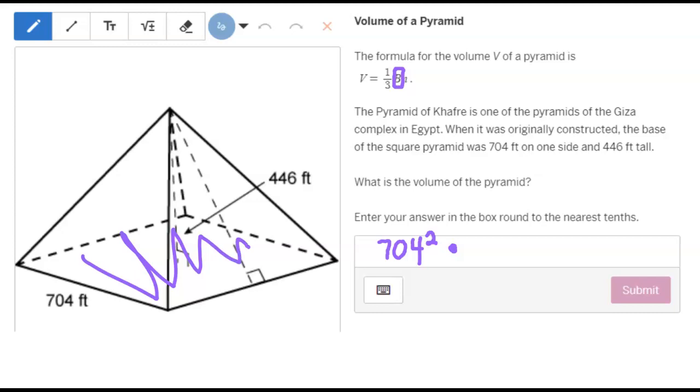Then you're going to multiply that times the height from the center to the apex. So that's this part right here. So times 446, and divide the whole thing by 3 because we are talking volume. Nice work. Let's look at the next.